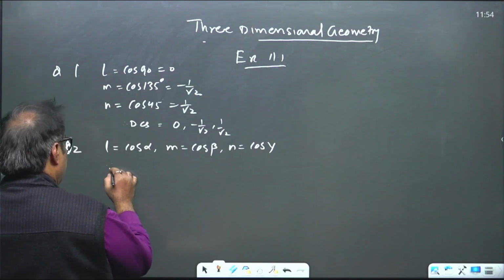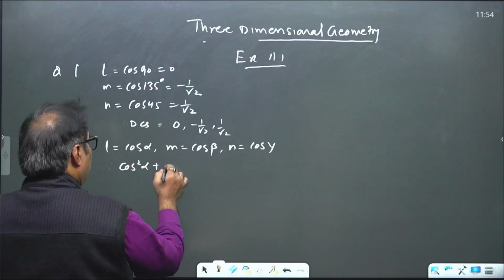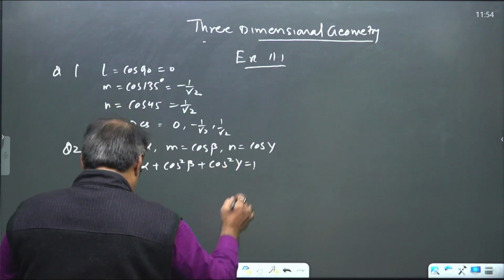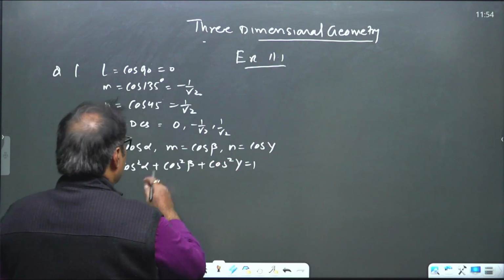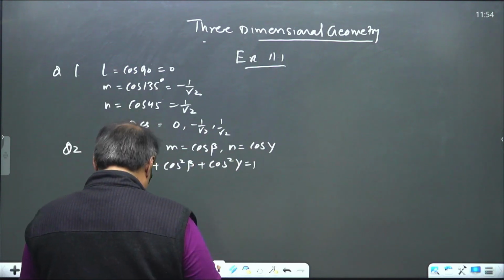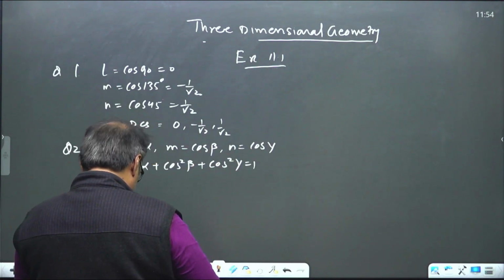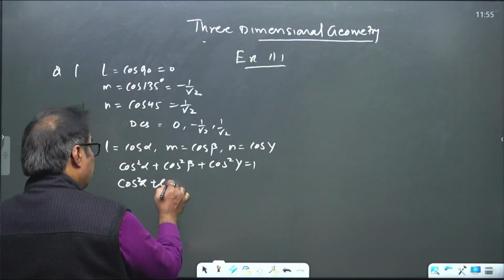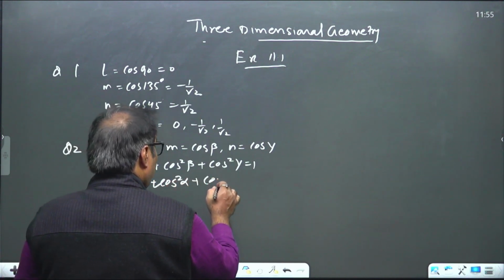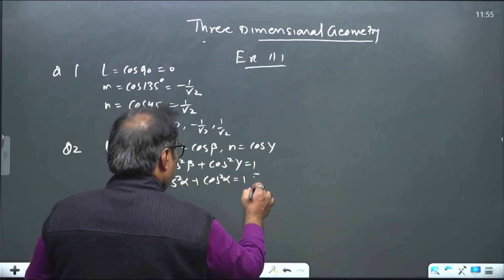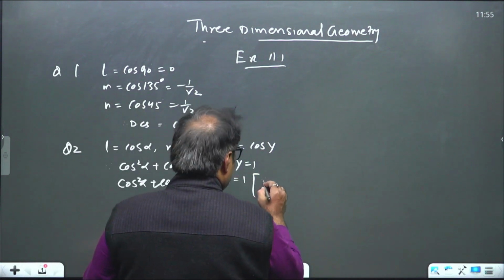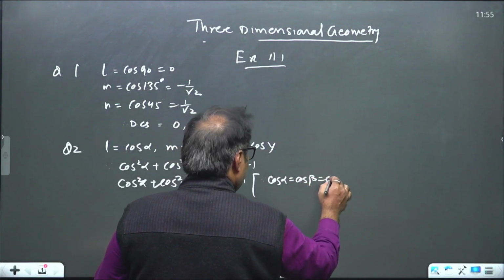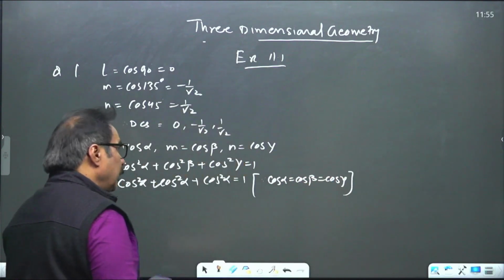We know that cos square alpha plus cos square beta plus cos square gamma is equal to 1, and since the line makes equal angles, this will be cos square alpha plus cos square alpha plus cos square alpha equals 1, because cos alpha equals cos beta equals cos gamma as per the question.